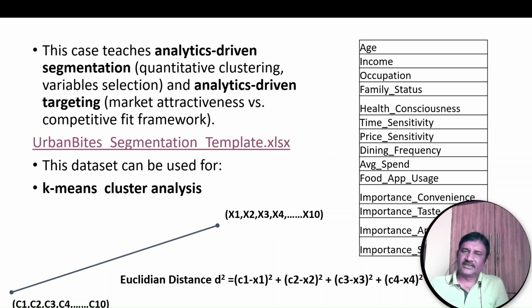Only cluster analytics is the analytics side thing, and segmentation is the marketing side thing. So we will be clubbing both of these. We'll be using segmentation-related information, and we will be running cluster analysis to help us form different clusters, and those clusters which are formed we will be calling the segments, right?